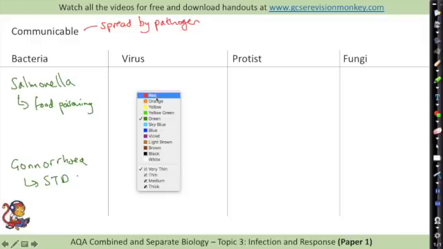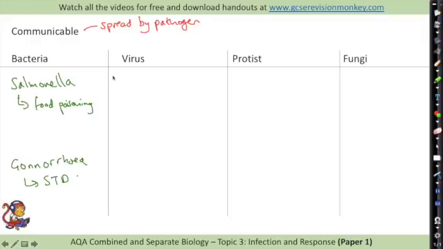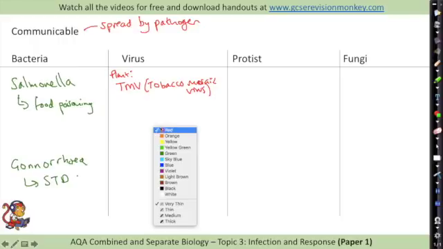There are three viruses you need to be aware of. One of them is actually for plants, so let's start with that one first. For plants, it's the TMV virus, or tobacco mosaic virus, and what this does is cause a discoloured mosaic pattern on the leaves of plants, and this reduces the amount of photosynthesis that they can do.